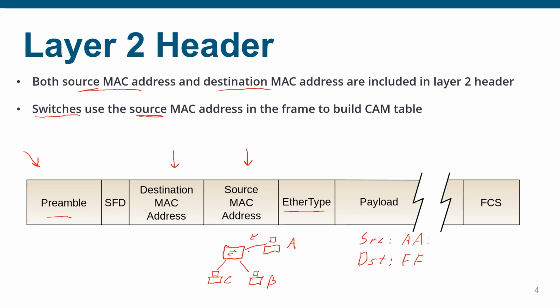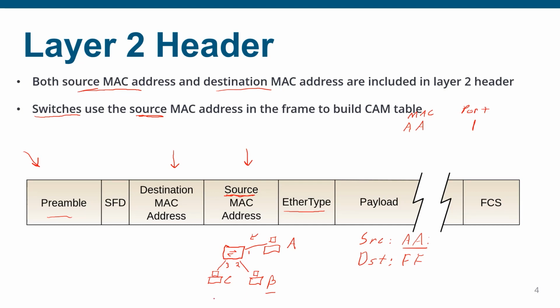So workstation A is on port 1, workstation B is on port 2, workstation C is on port 3. The switch, when it receives that frame, will look at the source MAC address first and see that it is all A's. It will now write in its CAM table that we have all A's living on port 1. So we've got port and MAC.